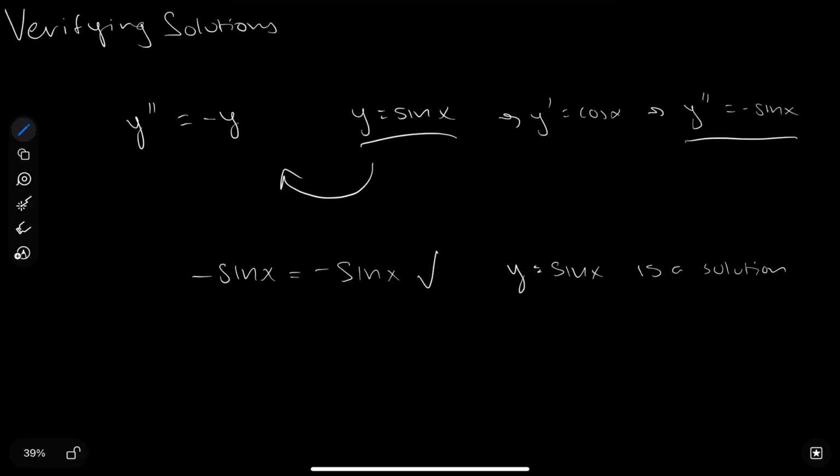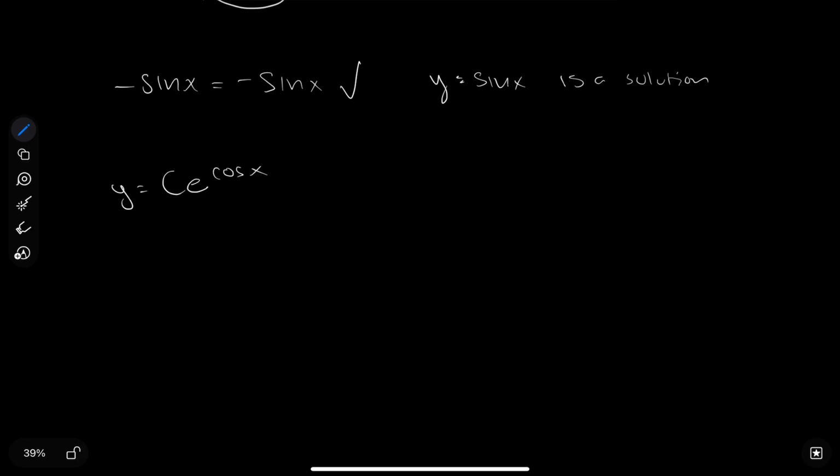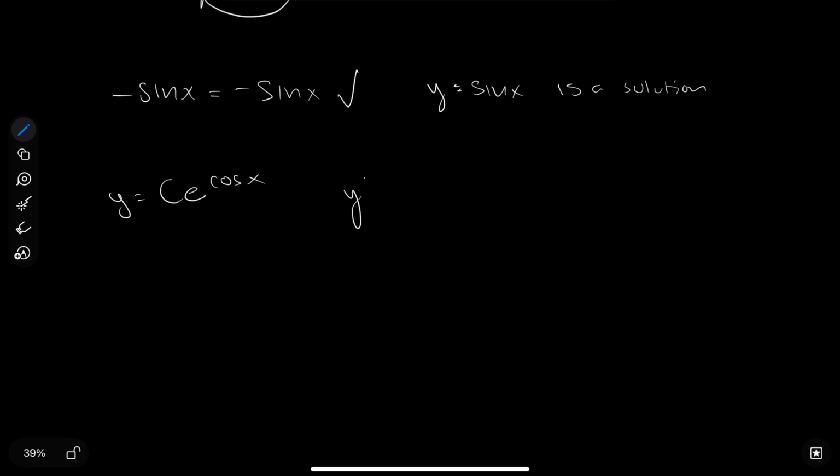Great. We can do another example where we would have, say, y equals c e to the cosine x, as a solution to y prime equals y sine of x.